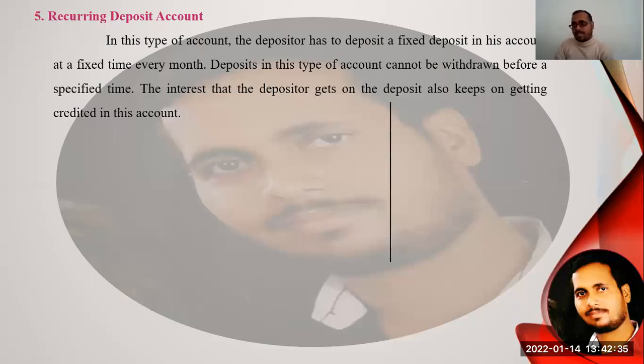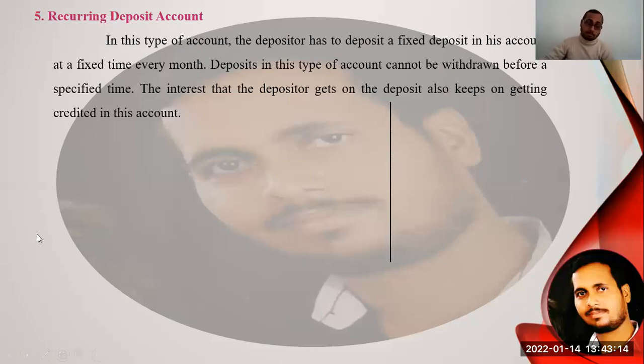After the completion of that period, we go to the bank, and the bank calculates the amount deposited and the interest, and returns it. The bank provides the facility to accept deposits from rural and urban areas, but in this kind of account, mid-term withdrawal facilities are generally not available. So these five kinds of deposit accounts are opened by a commercial bank for their customers.